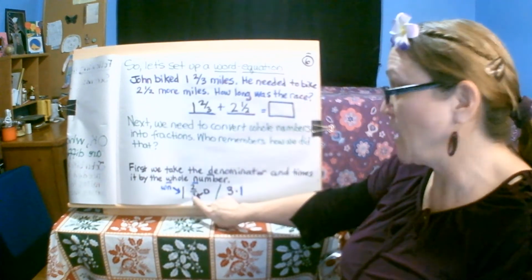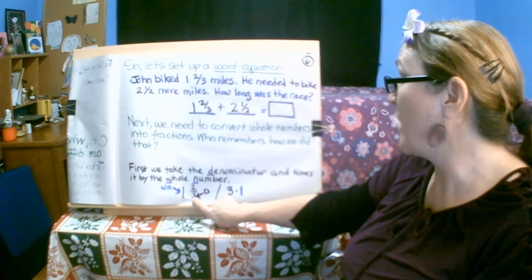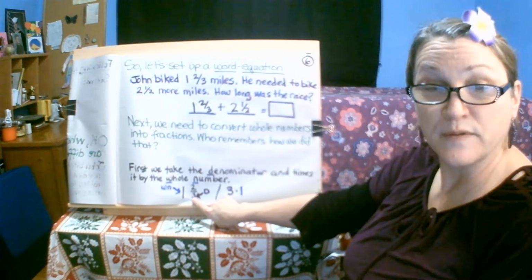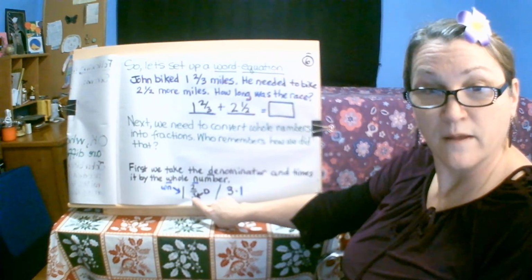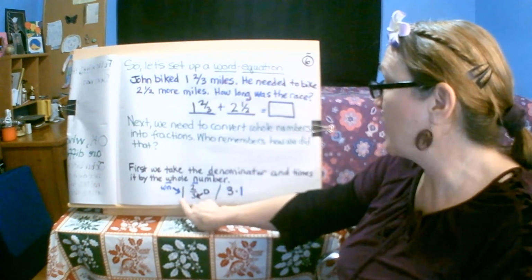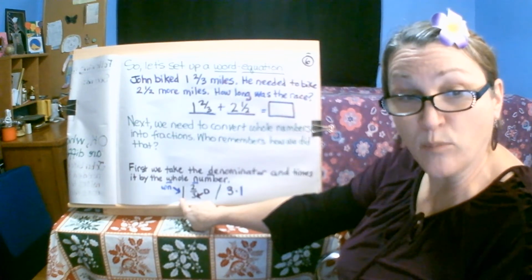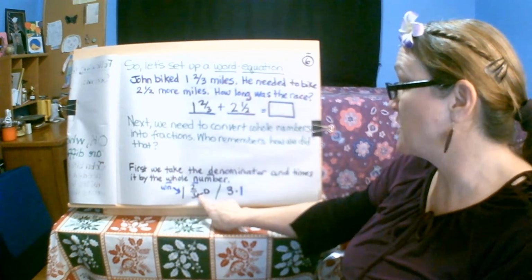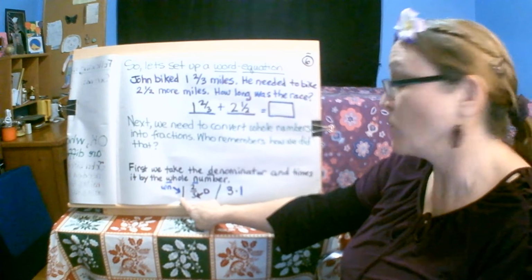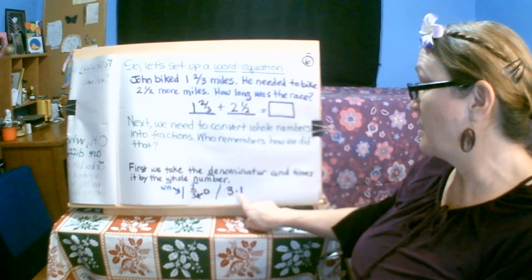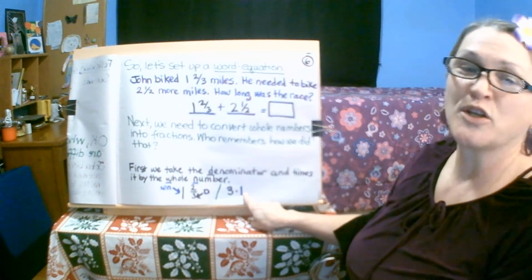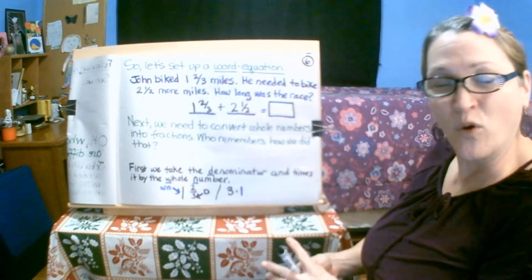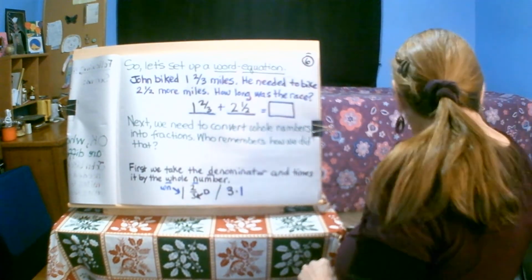Yes, the denominator is number 3. Okay, and what is the whole number? Anybody know? Good job, Fred. Yes, the whole number is number 1. Okay, so we're going to take the denominator and times it times the whole number. So we get 3 times 1. Everybody tracking so far? Good job, guys. Okay, hold on a second. I'm going to turn the page.